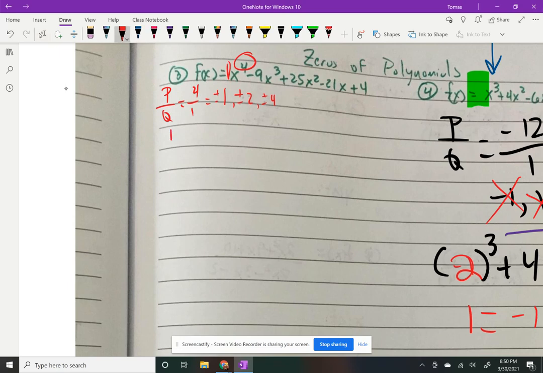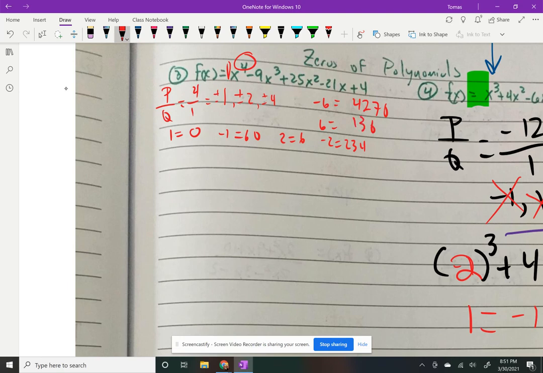So when I test 1, I get a result of, sorry, 0. -1 would be 60. 2 would result in 6. -2 would result in 234. -6 would result in 427, and +6 would result in 130.